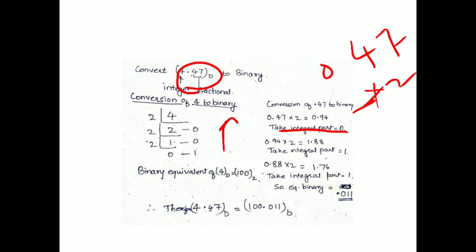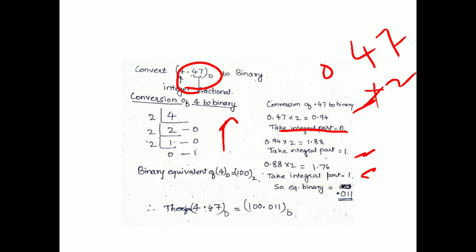The fractional part is again 0.94, which is multiplied again and you get 1.88. Now the integer part is 1, and again the fractional part is multiplied and you get the integer part as 1. You can go up to as many iterations as you want, or you can stop when you get a 0 in the fractional part.